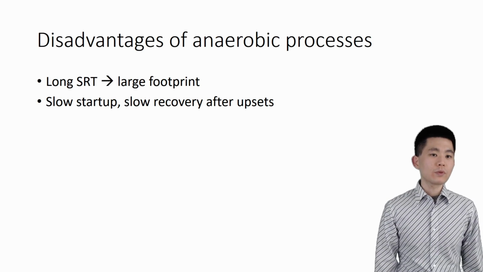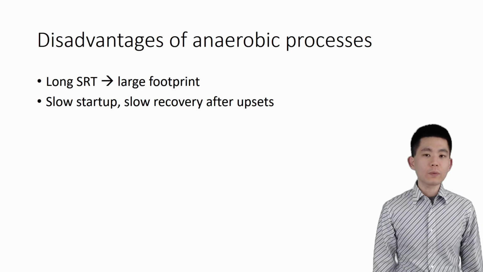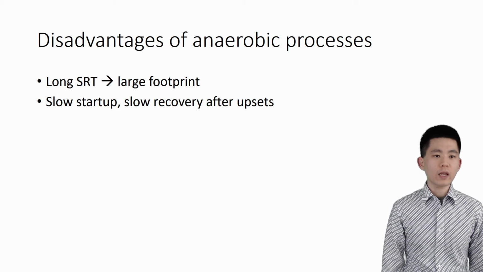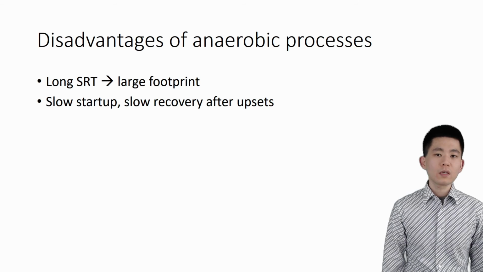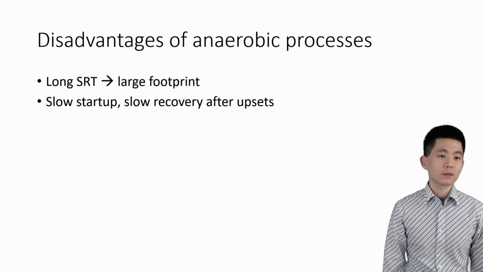But as a result of the slow growth rate of anaerobic microorganisms, a long SRT is often required for anaerobic processes. If there is no separation of SRT and HRT, it will require a large reactor footprint and high cost. It is often the case because it is difficult to settle anaerobic biomass, unlike aerobic ones.